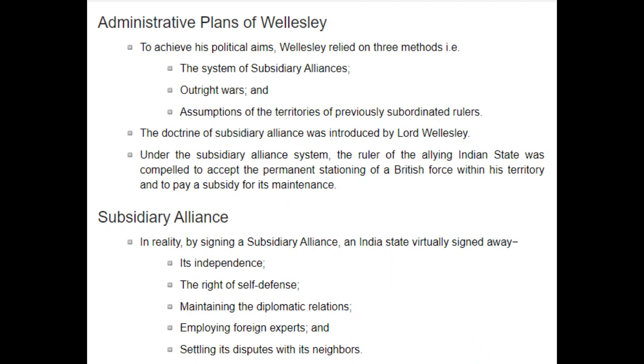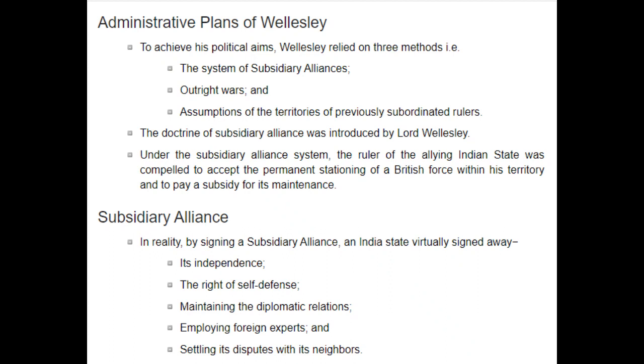Wellesley relied on three methods, namely, the system of subsidiary alliance, and outright wars, meaning a straight war with those who did not accept the subsidiary alliance policy. So he directly fought with those states who were not ready to accept the subsidiary alliance, even by convincing them.